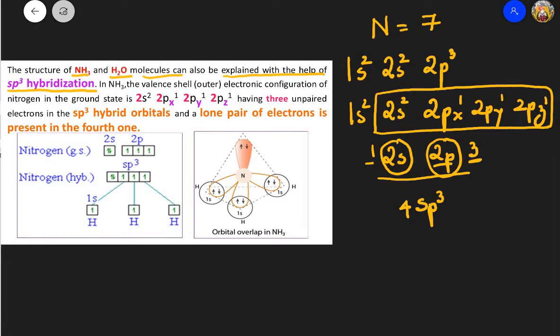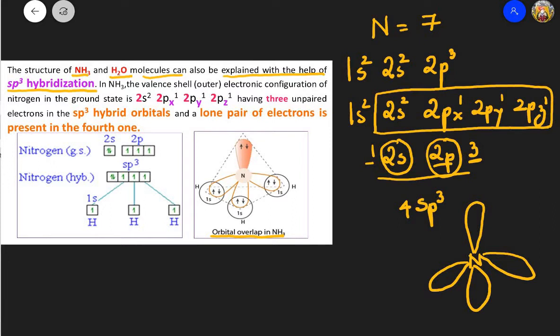And these 4 sp3 hybrid orbitals, if you see the diagram here, orbital overlap in an NH3 molecule. Okay, the 4 sp3 hybridized orbitals will be directed towards the 4 corners of the tetrahedron. So I will be writing the central atom N here. So this is one sp3 hybrid orbital, this is another sp3, this is another sp3, and one more will be here towards the 4th corner of the tetrahedron, right?